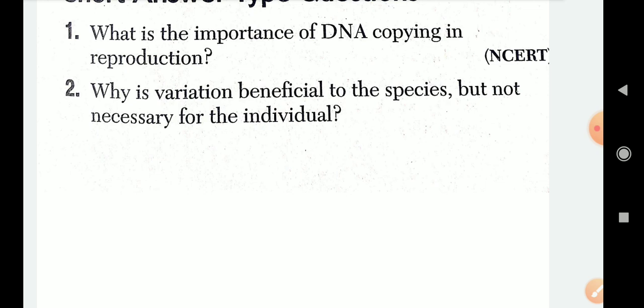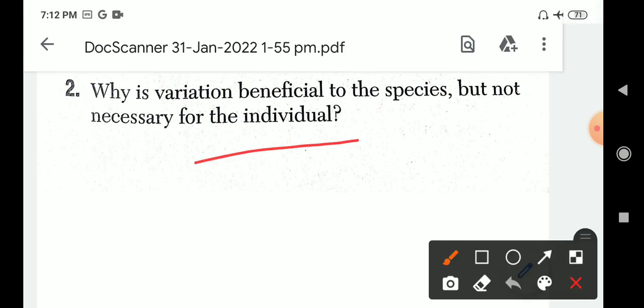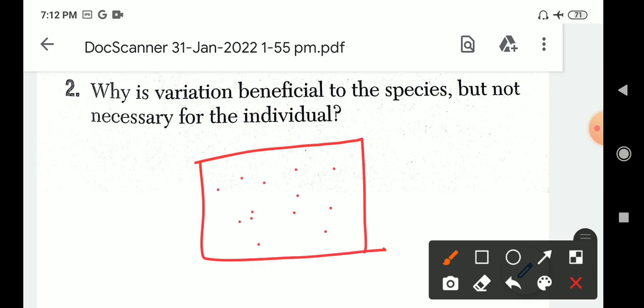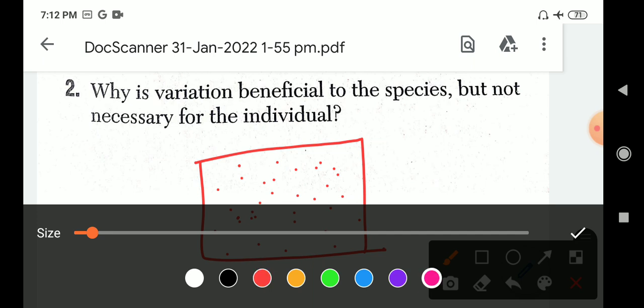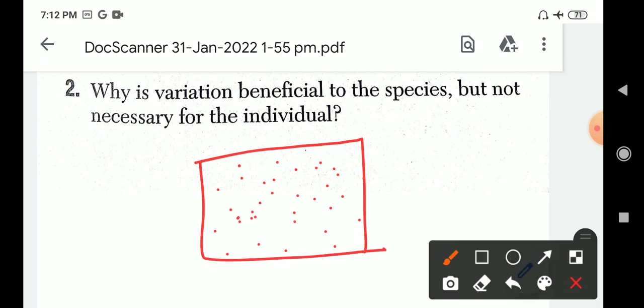I can give you one example for the variation also. Suppose in a water body, there are some bacteria, and due to some mutation in the process of reproduction, some of the bacteria can survive at high temperature also.